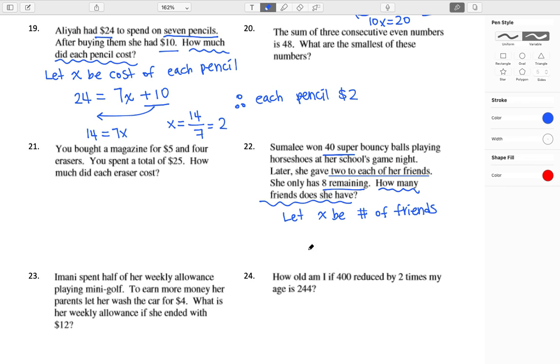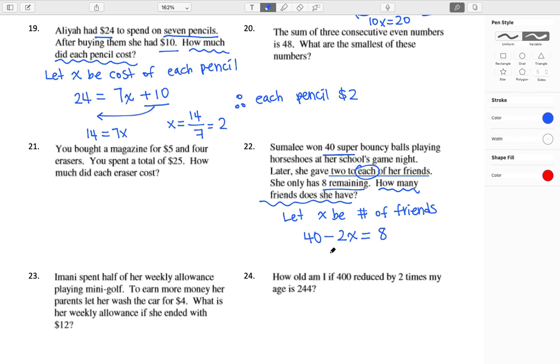She started with 40, right? And she gave 2 to each of her friends. To each means minus 2x. If she has 2 friends, then it's going to be 4 that she gave out. And that is equal to 8, 8 remaining.